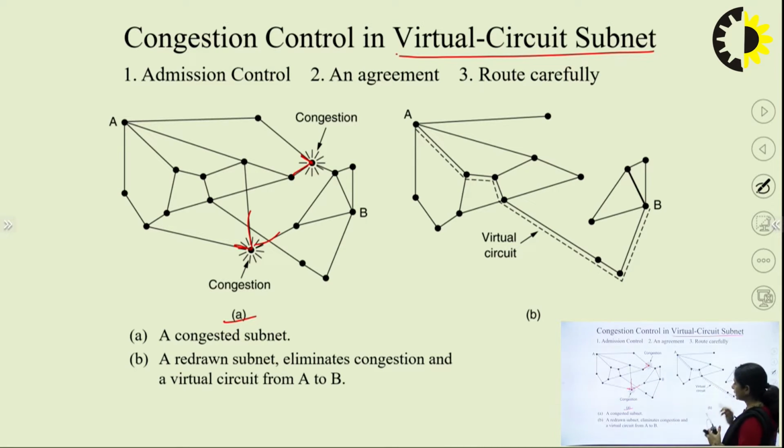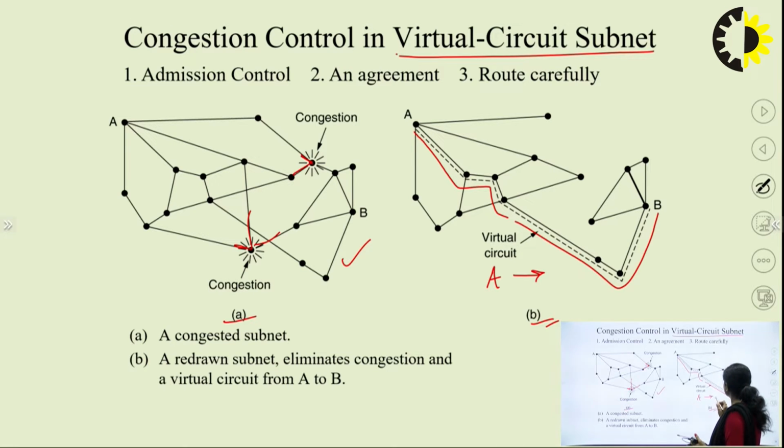In the second diagram, we have redrawn this subnet, which eliminates the congestion, and a virtual circuit from A to B. So this is the virtual circuit we can see in the diagram, from source A to the destination B.